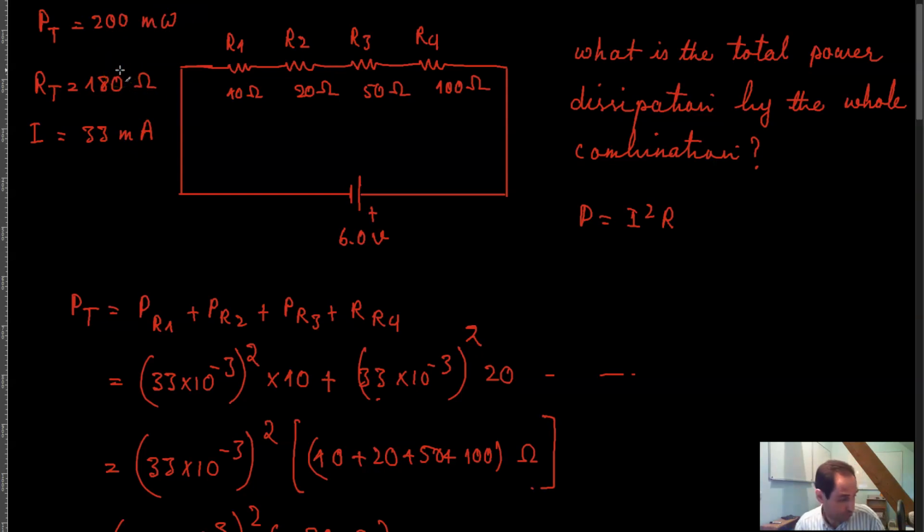So that's how you calculate the power in this circuit. That was a problem related to power. Now again, in the same circuit, if you want to, for example, calculate the power dissipated in R4, it's very simple.